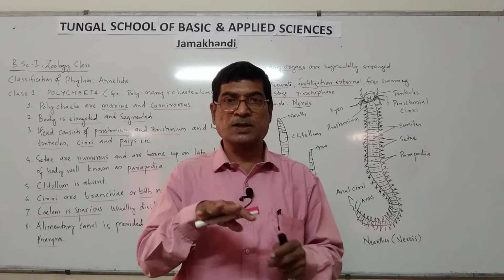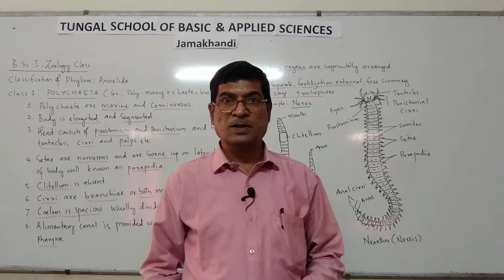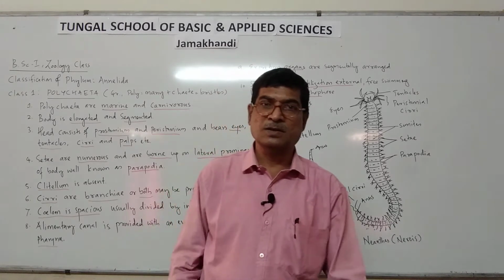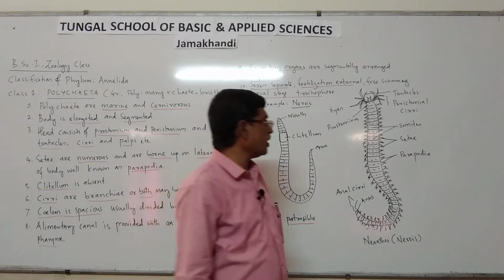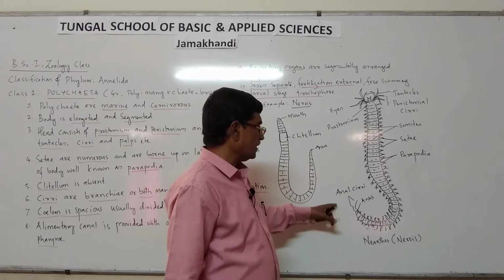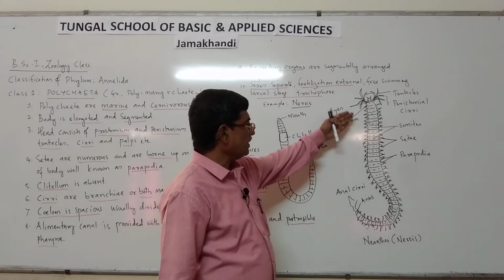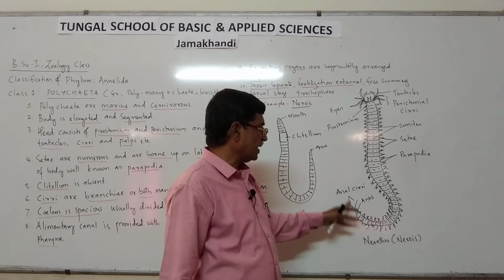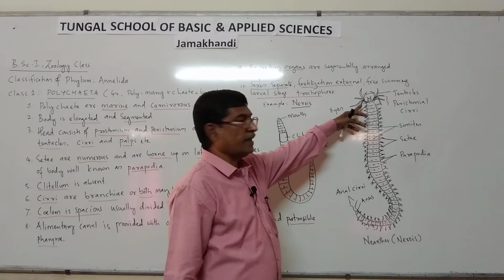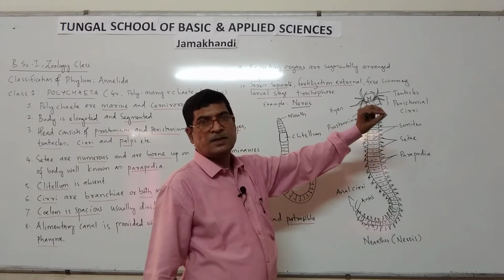At the surface of the water, they float for copulation purpose, spawning. So these are Nereis, where parapodia and setae are clearly seen to some extent.